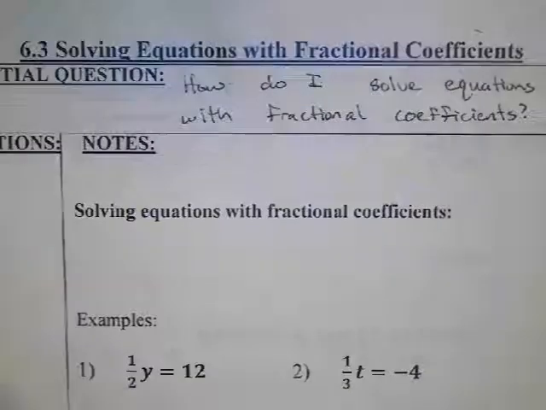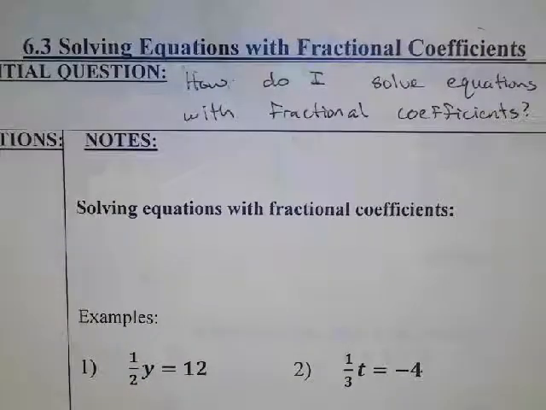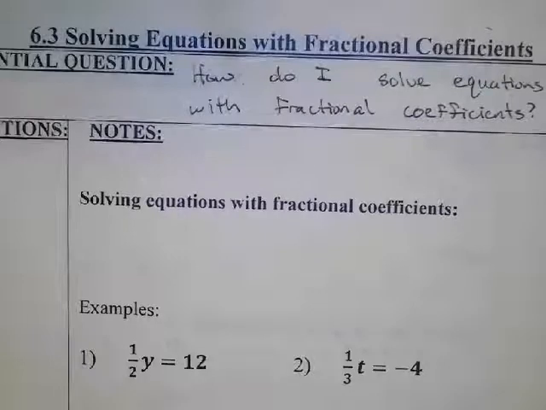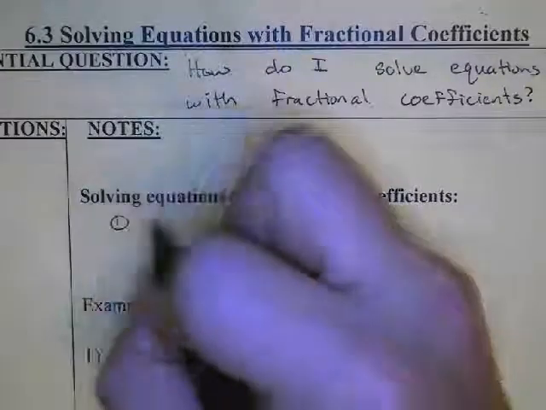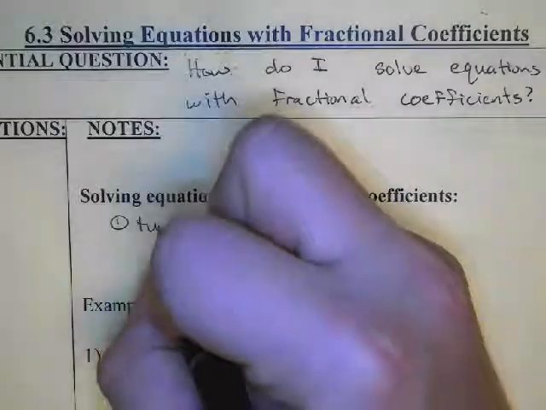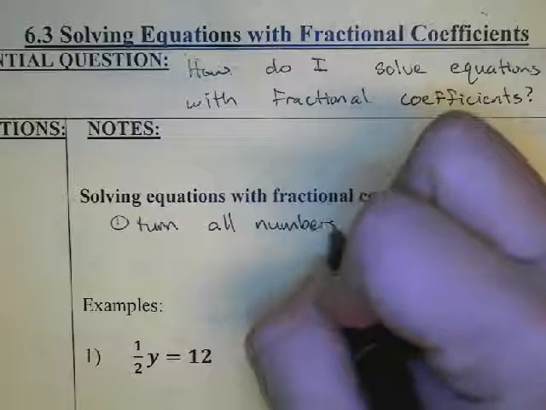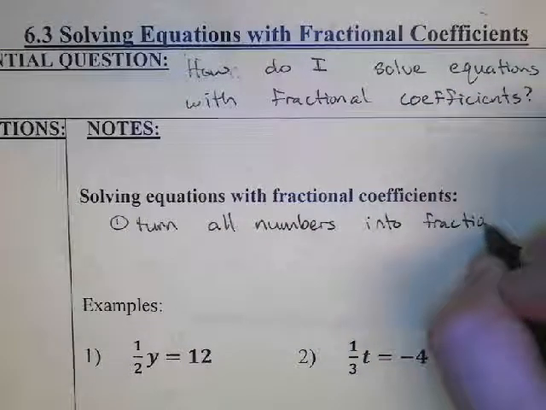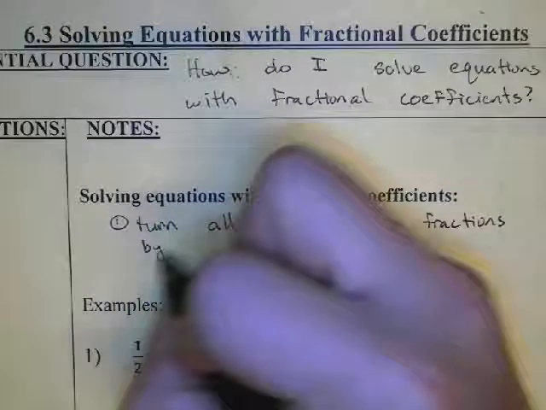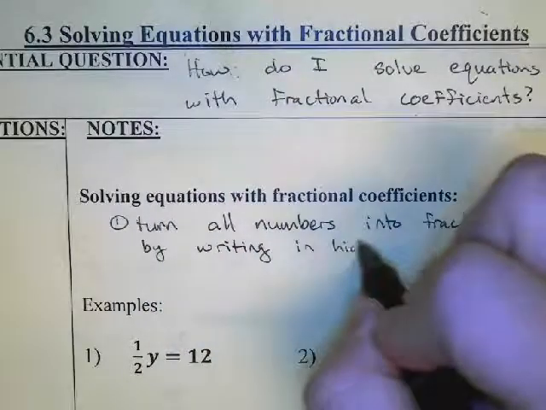Well, based on our skill that we got from 6.2, we've already been doing this. We're just going to make sure that every number is a fraction by writing in our hidden ones. So step 1, turn all numbers into fractions by writing in hidden ones.